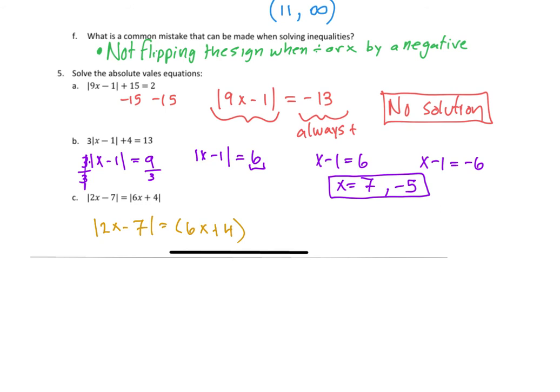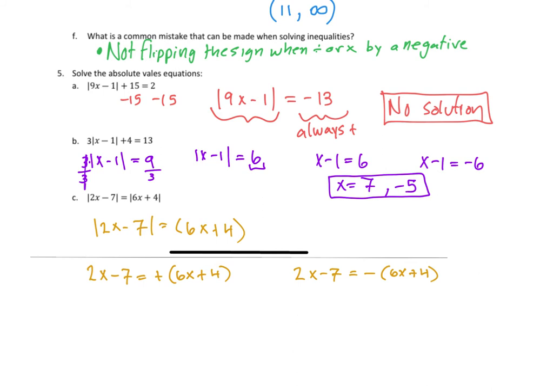Or you can get rid of the absolute value on the first side and keep them on the second. Either way. But just like question B, this 2x minus 7 is going to equal the positive of the right side, or the 2x minus 7 is going to equal the negative of that right side.